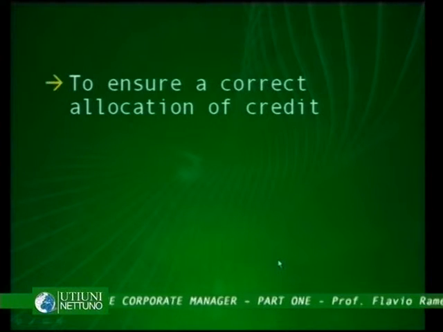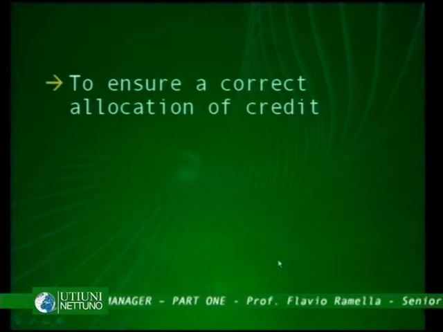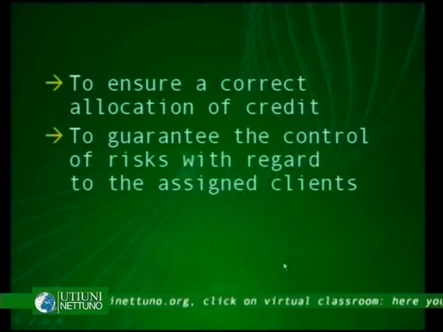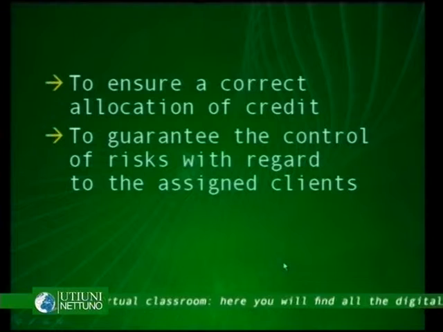To ensure a correct allocation of credit, this is another important issue. The corporate relationship manager will be successful as long as he is capable of coping with the financial needs of his portfolio of customers. So he should really be in a position to allocate the credit when it's needed, but also to guarantee the control of risk with regard to the assigned clients.